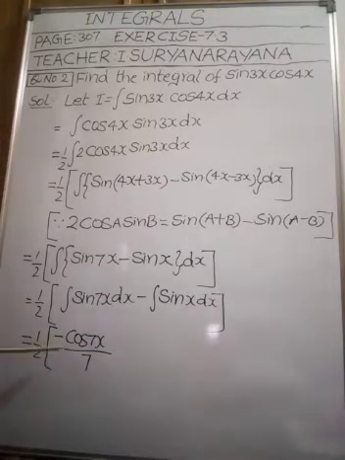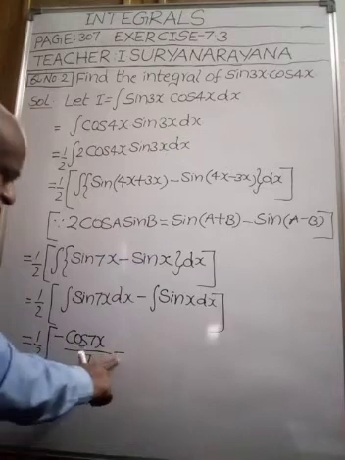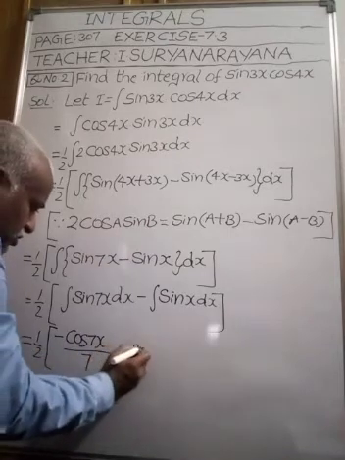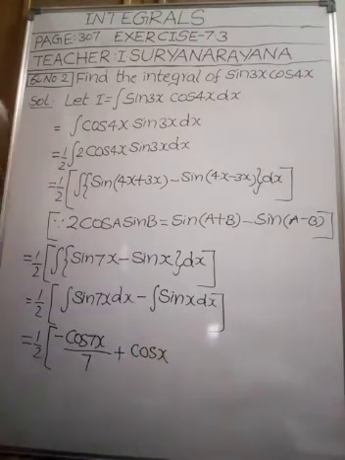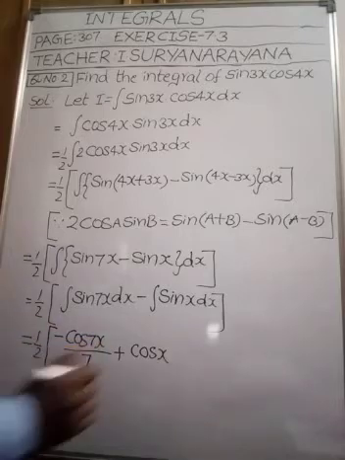Understood this first term, I will write the formula also, don't worry. Minus integral sin x dx, what will you get? Yes, minus cos x. So already minus is there, so plus cos x. Understood this second term, children? Right.